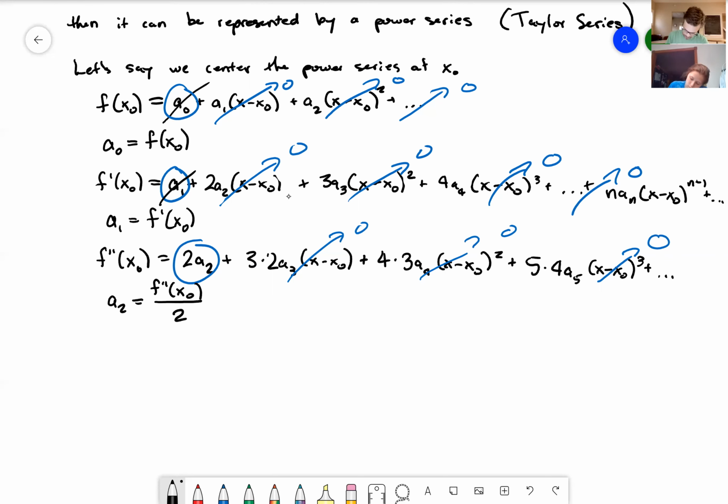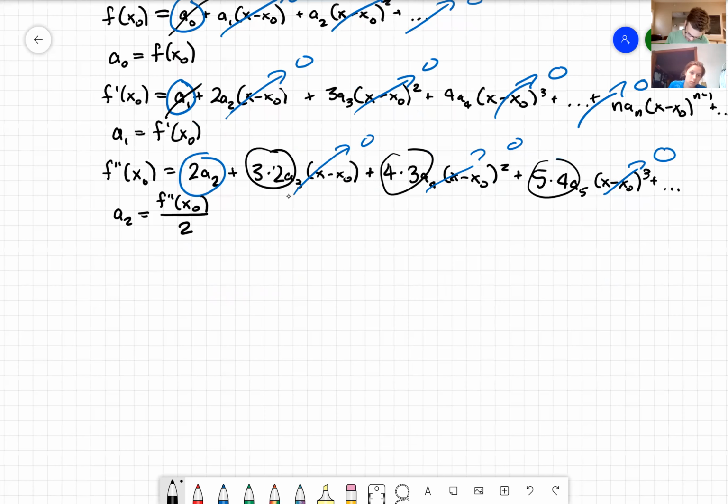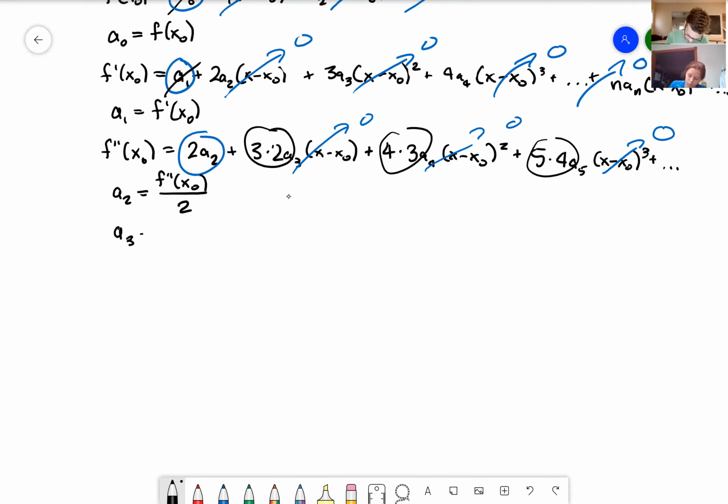The next time we did this, we would get divided by 3 times 2. The next time we would get 4 times 3 times 2, and then 5 times 4 times 3 times 2. So let's write a few of these out just to see the pattern. f triple prime of x0 over 3 times 2. A4 would be f quadruple prime, maybe we should switch to writing the number just in parentheses next.